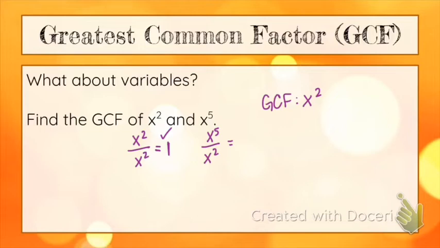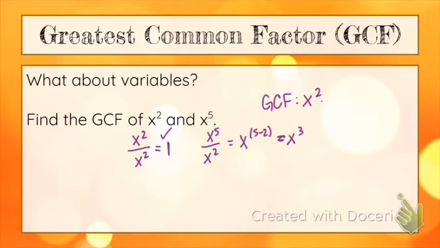When you divide with exponents, you subtract them. So this is x to the 5 minus 2, which is just x to the 3rd. And so that means that x squared does go into x to the 5th evenly. It goes in x to the 3rd times.